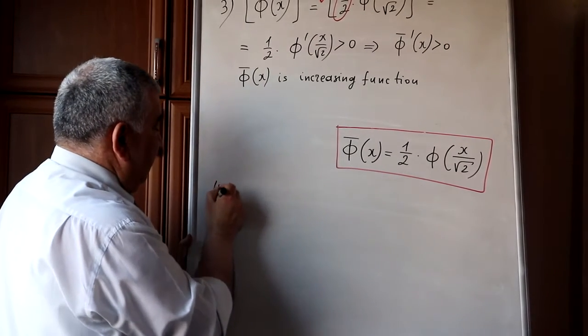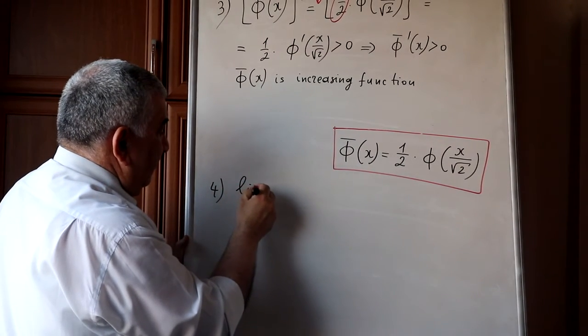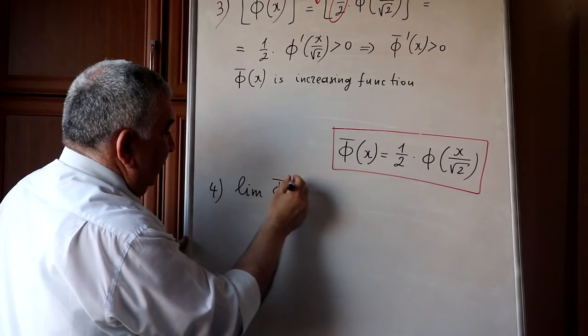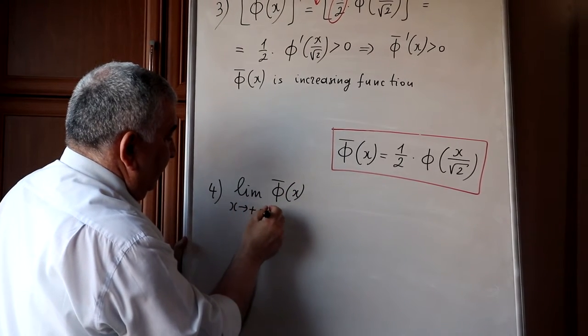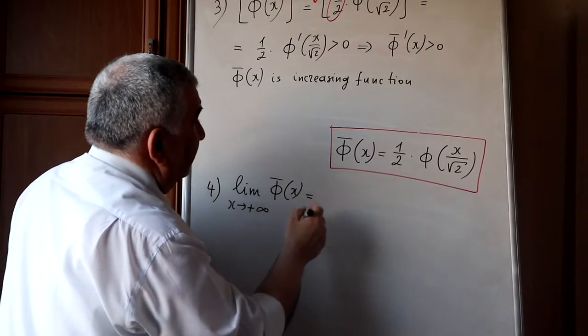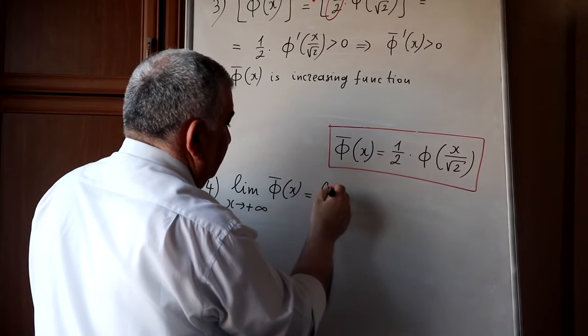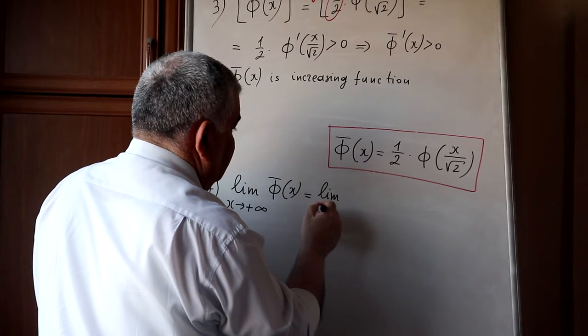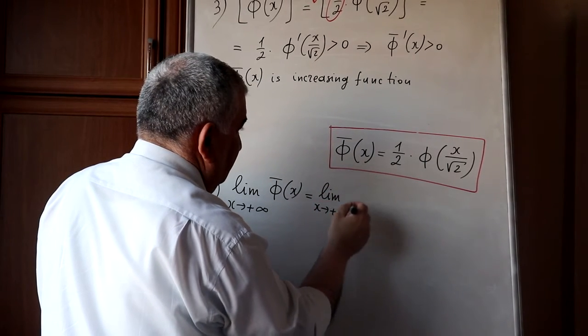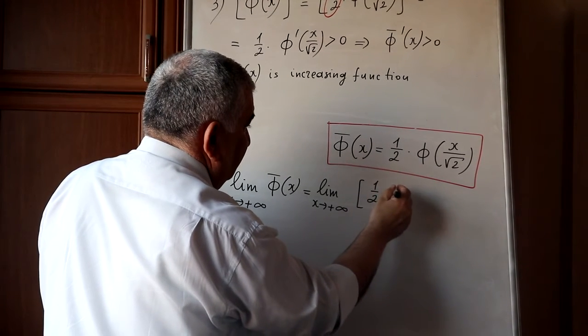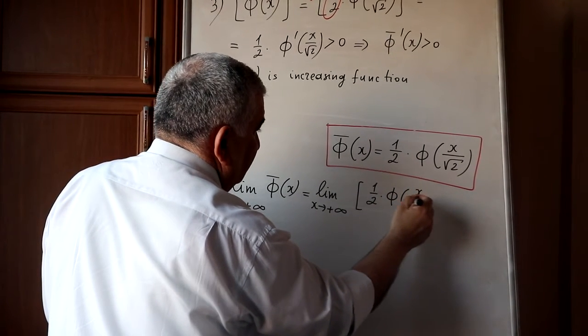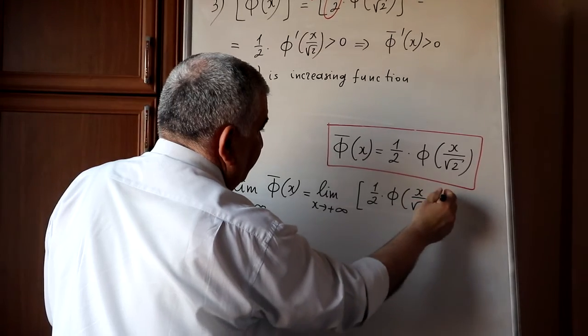Fourth property, find the limit of phi bar of x when x tends to plus infinity. Use this formula, limit when x tends to plus infinity of 1 second multiplied by phi of x over square root of 2.